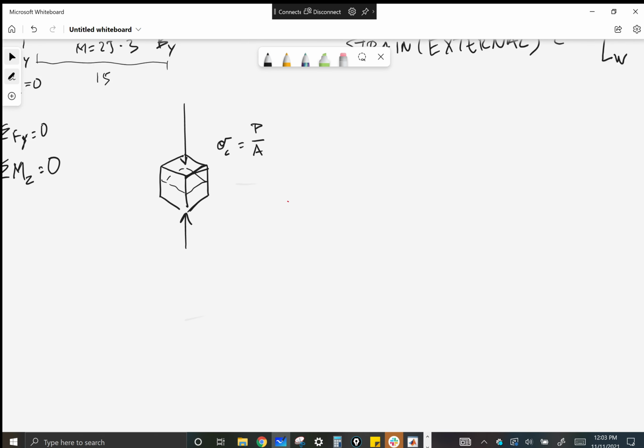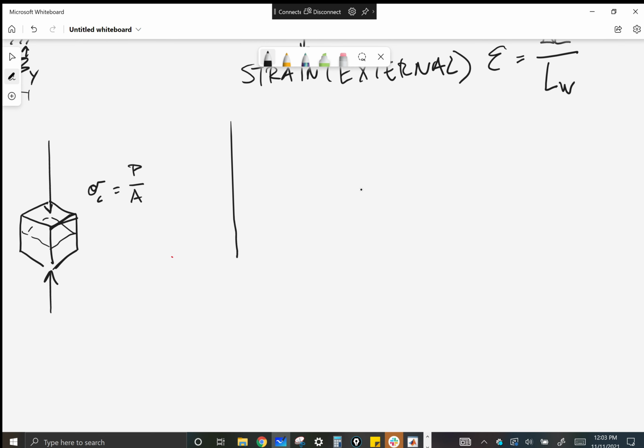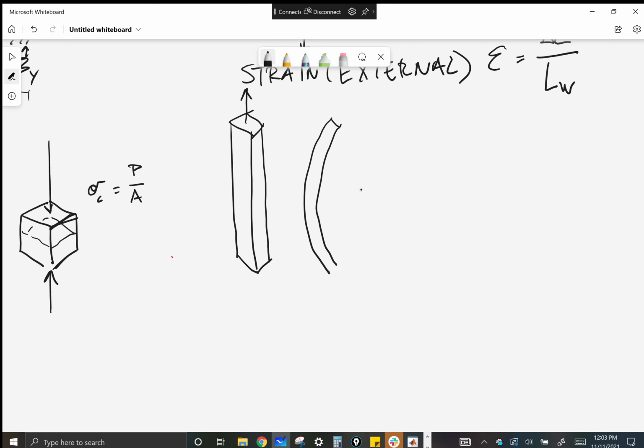Then we said, okay, but if it's long and thin instead, obviously it's not going to compress. It's going to buckle. And we had a whole thing. I had that SketchUp model showing conceptually how this works. But the question is, how mathematically is that different from stress?